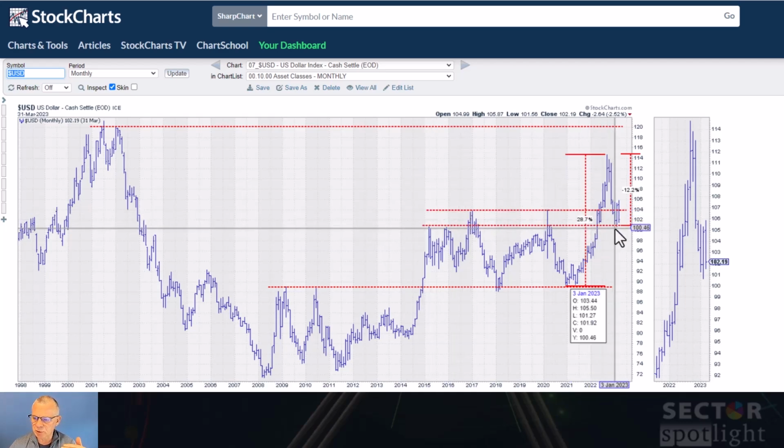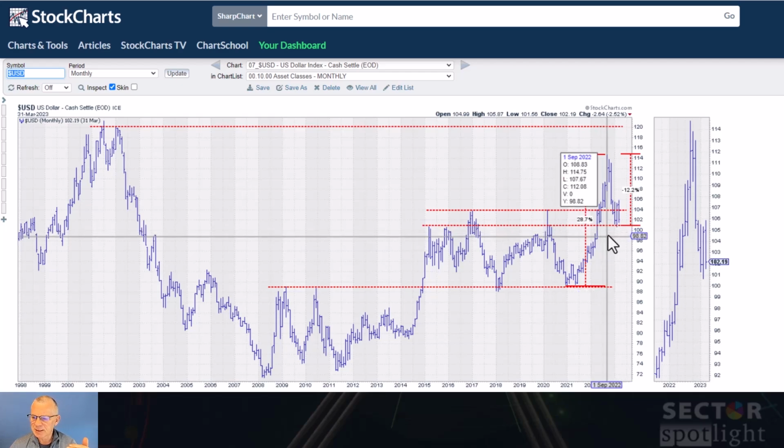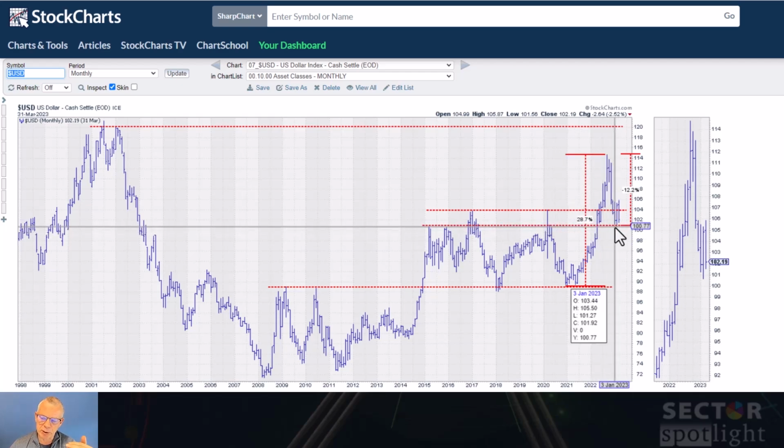Right now, this is the month of February. We dipped at 100.68, and then last month, the month of March, we dipped at 101.56. So this is definitely an important area for the US dollar.